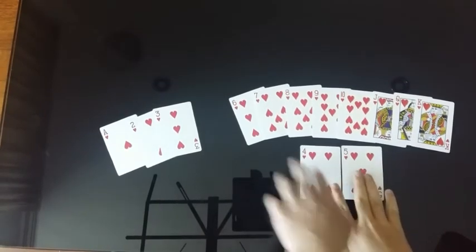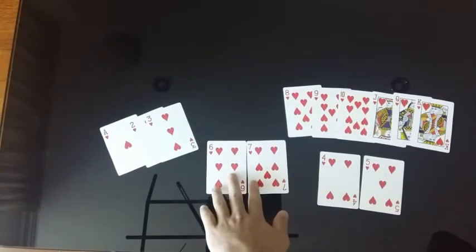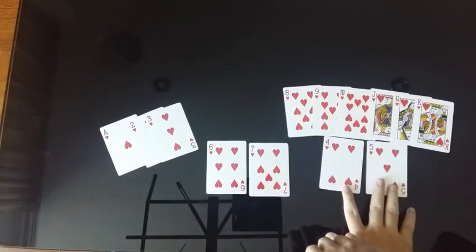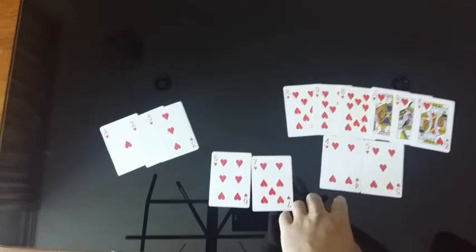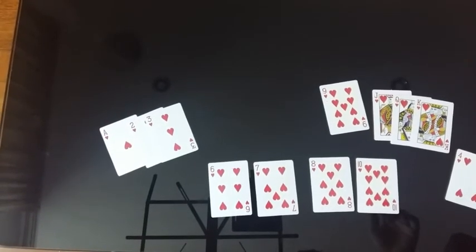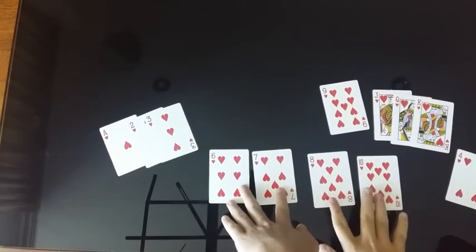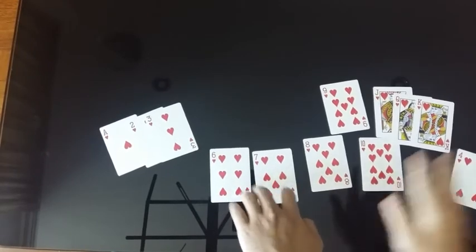If you compare it with 7 and 6, which is 13, so the value is 3, 9 wins over 3. And if you get 8 and 3, 8 wins over 3.